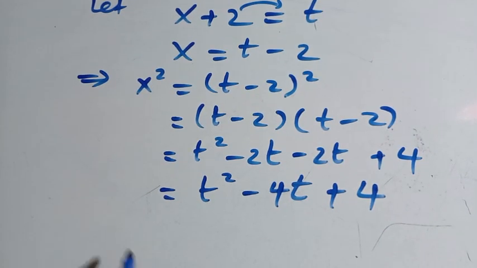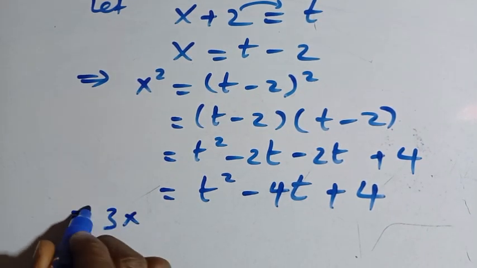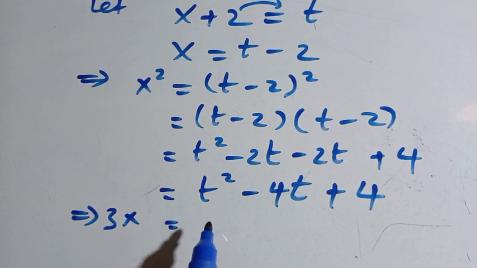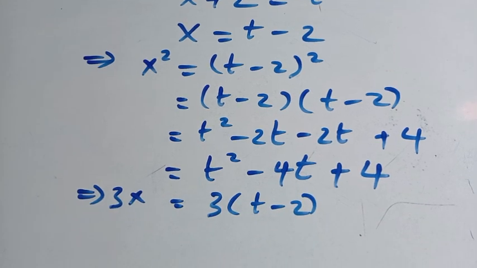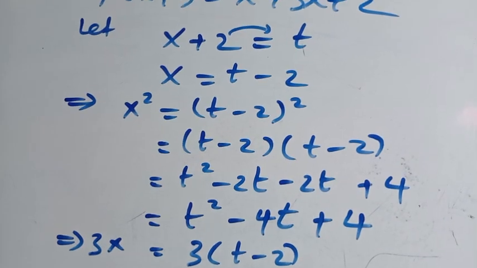And also from here, we need 3x. As we already know our x, we need to find 3x as well. Our x is t minus 2, that is 3 into bracket of t minus 2, and this gives us 3t minus 6. While the last one here is a constant value, which is 2.